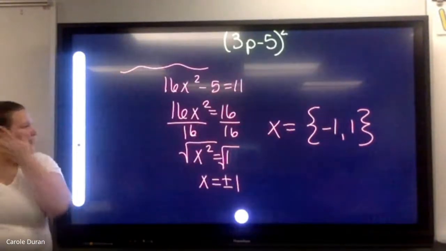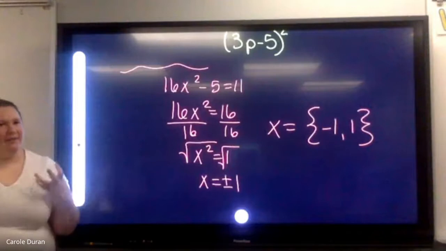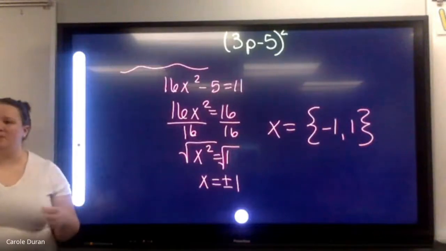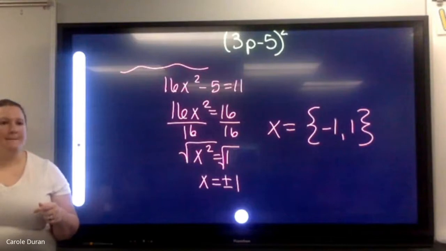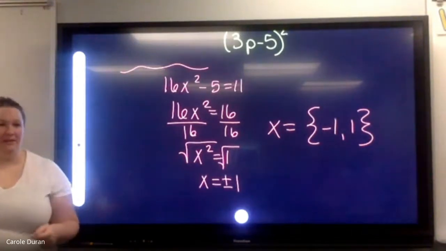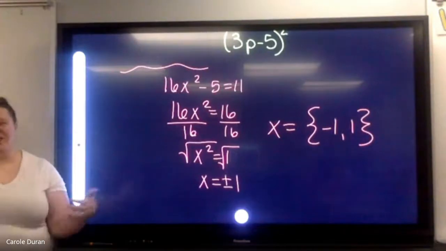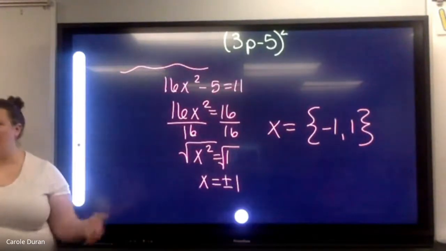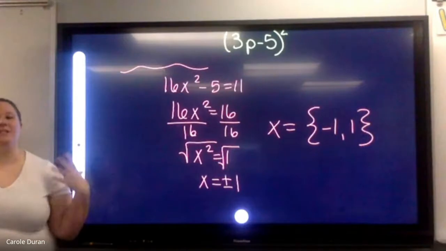So now we're going to put all of this together, and we're going to solve by completing the square. Grant, what's your question? You're good? Okay. When it comes to completing the square, as I said, you guys are going to hate it at first. You might always hate it, but the more we do it, the easier it gets.